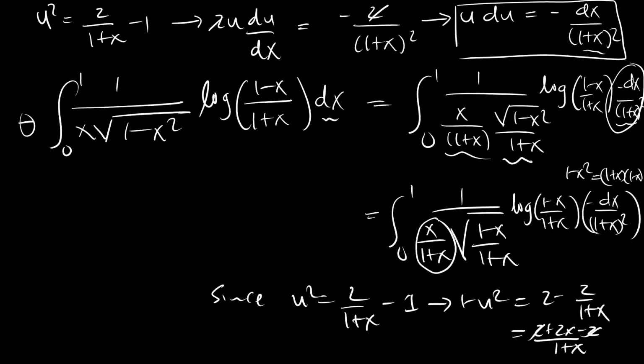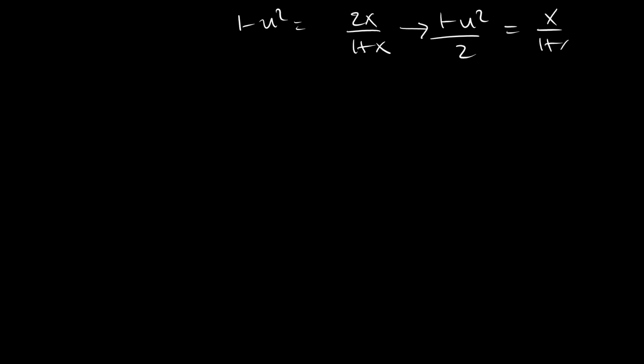So this cancels. What that means is that 1 minus u squared is equal to 2x over 1 plus x, implying that 1 minus u squared over 2 is equal to x over 1 plus x. This guy here is equal to this.